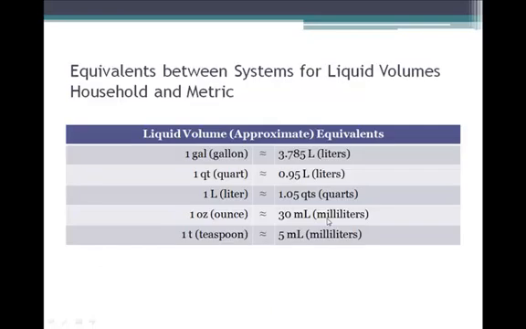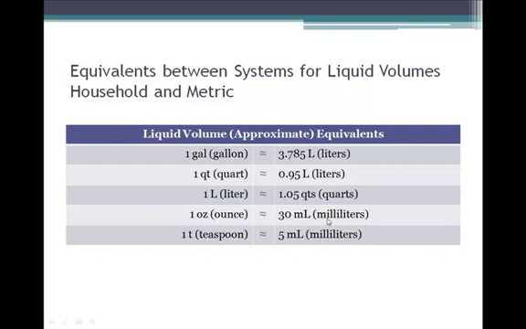Now, sometimes we might need to convert from a household system to the metric system, and so here is a short list of conversion tables for liquid volume, and these are approximates. It's a little bit more difficult to get exact equivalences when we're going from one measurement to another. And so we have approximate measurements for 1 gallon. Quart is almost 1 liter.